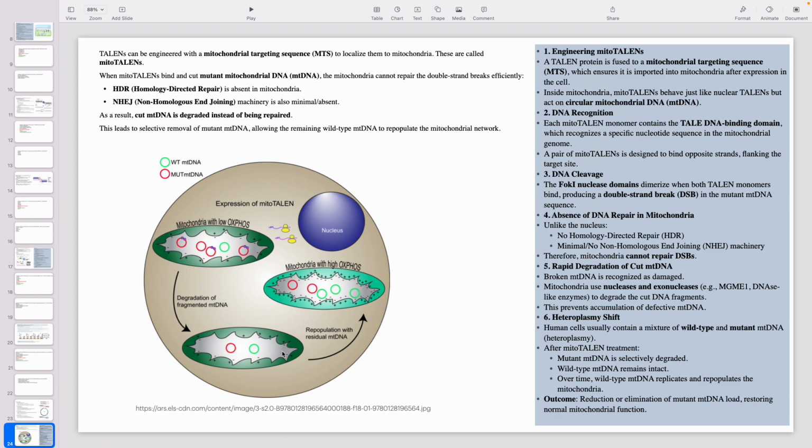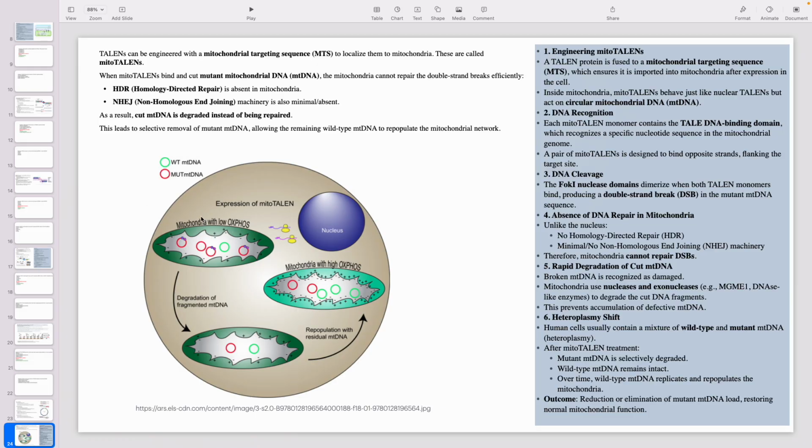If there is a mutant mitochondrial DNA, researchers engineer a TALEN which can specifically bind to the mutated mitochondrial DNA.